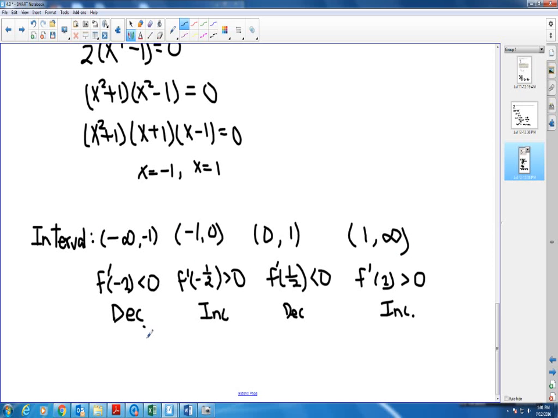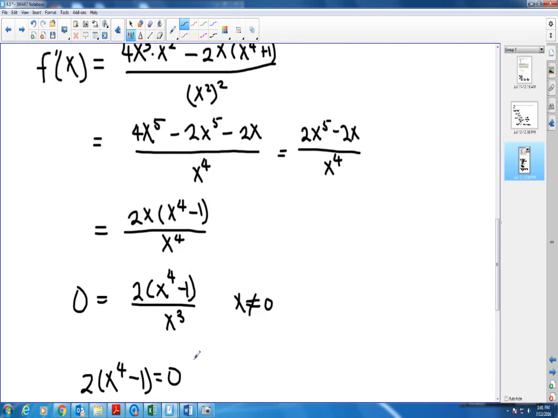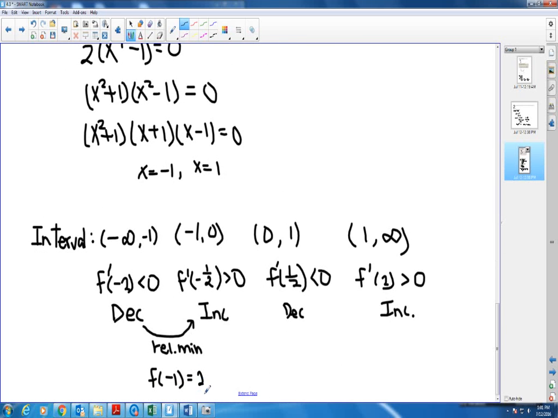Whenever I go from decreasing to increasing, that will create a relative minimum. So that relative minimum is f of -1, because that's the critical number I'm using here. If I plug -1 back into my original function, the y value equals 2. From this part to that part is not in the domain of the original function, so that part doesn't count.